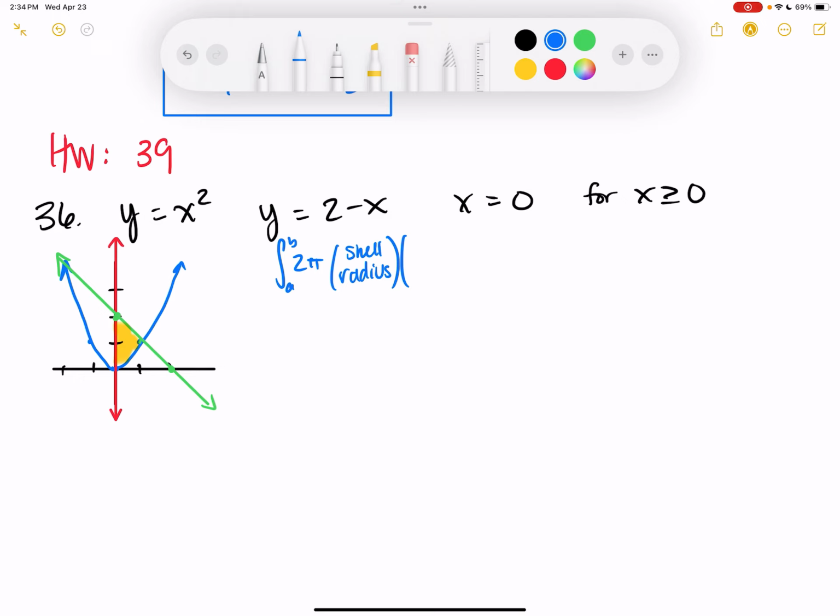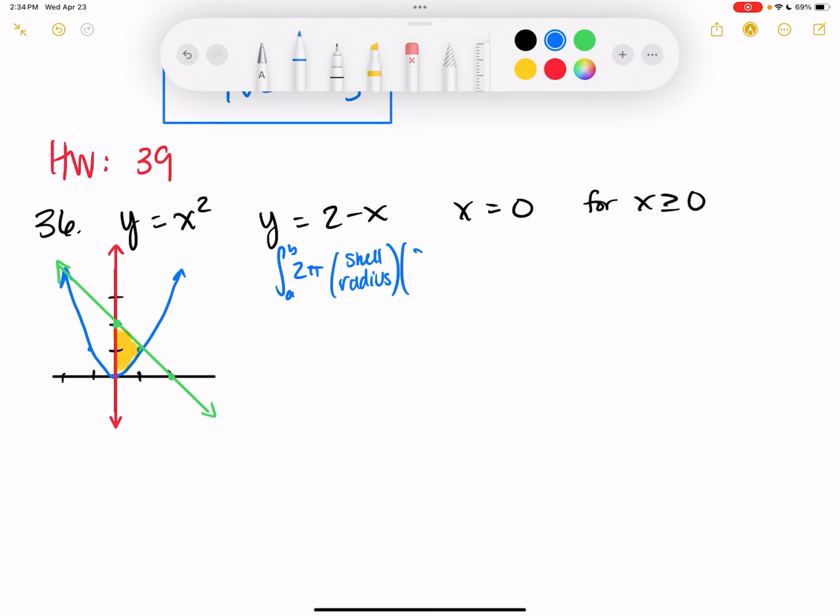So the radius is obviously how far away we are from the axis, so it's going to be x. But anyways, we'll add that in a minute. Times the shell height, and then dx, not dy. I was about to write dy.